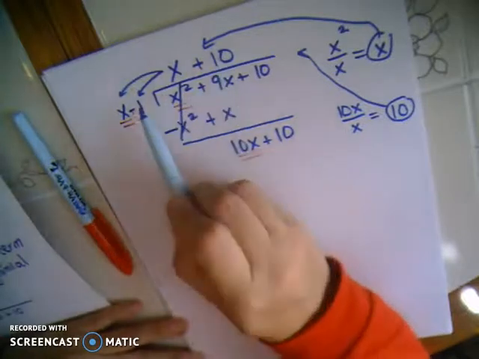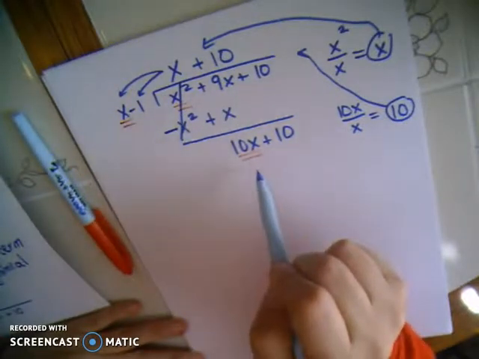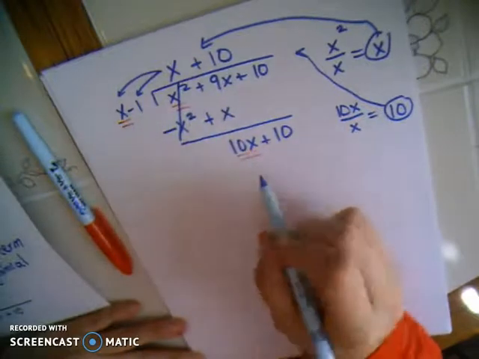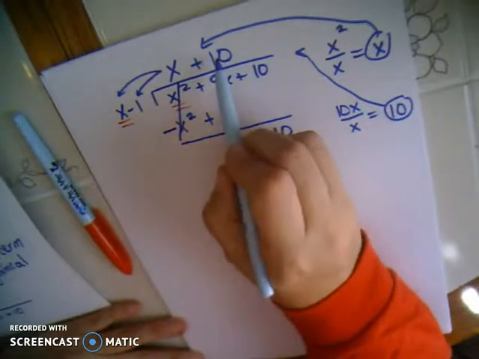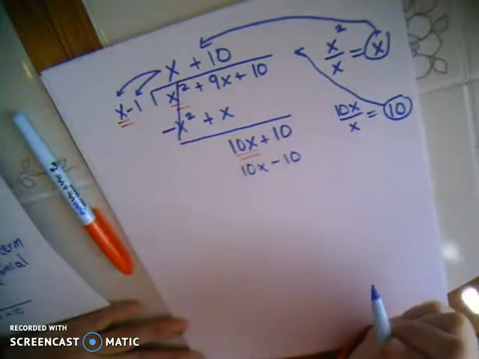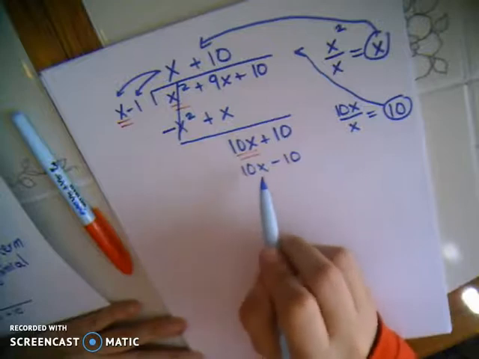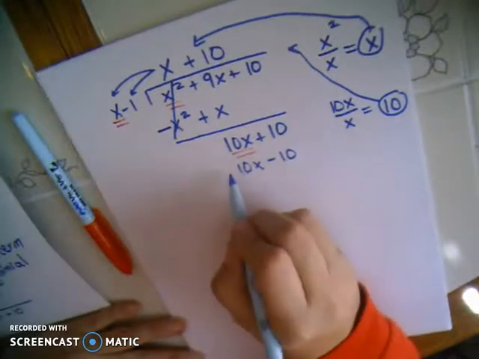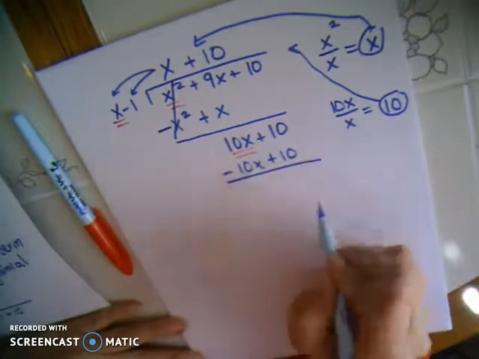And now we need to take that 10 and multiply down to see how much of our polynomial got used. So we're going to do 10 times x is 10x. And 10 times negative 1 is negative 10. And we need to subtract this. So both signs are going to change.